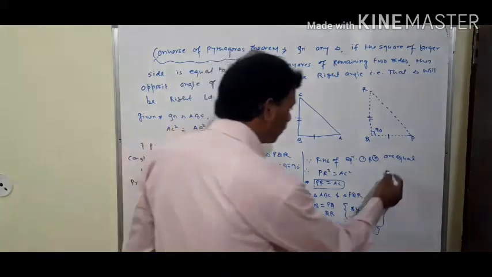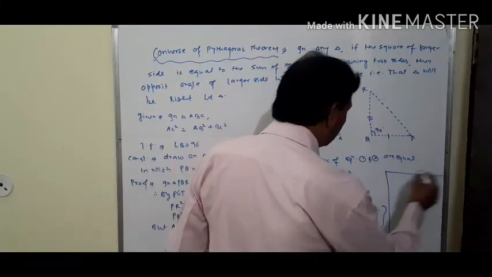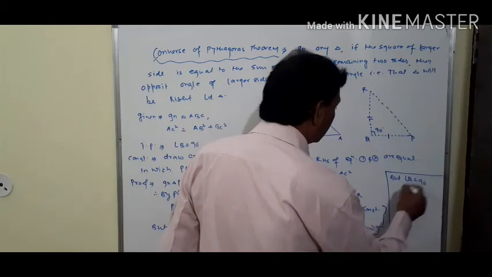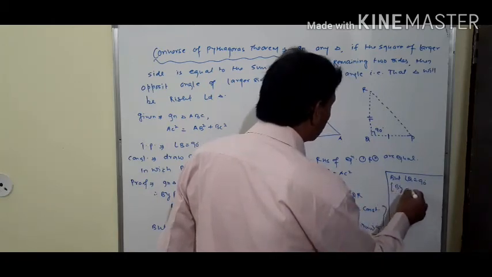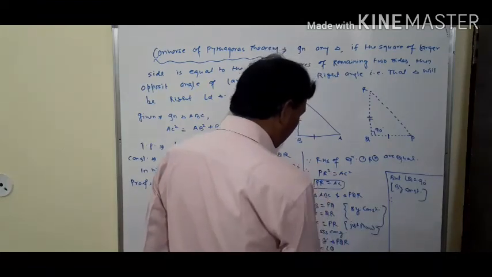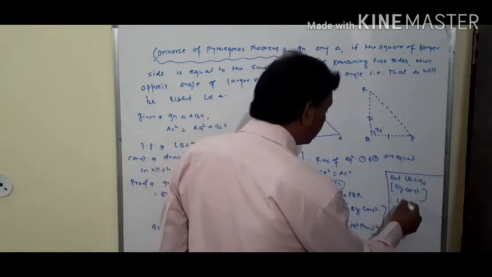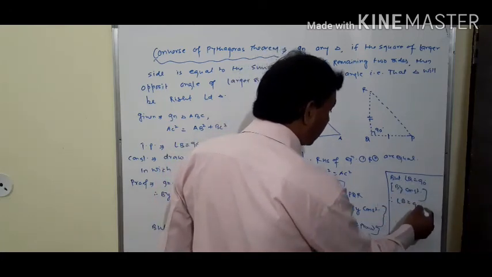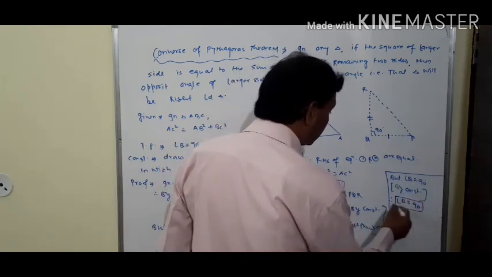But angle Q equal to 90 degree by construction. Therefore, angle B equal to angle Q and angle Q equal to 90, so angle B equal to 90 degree.